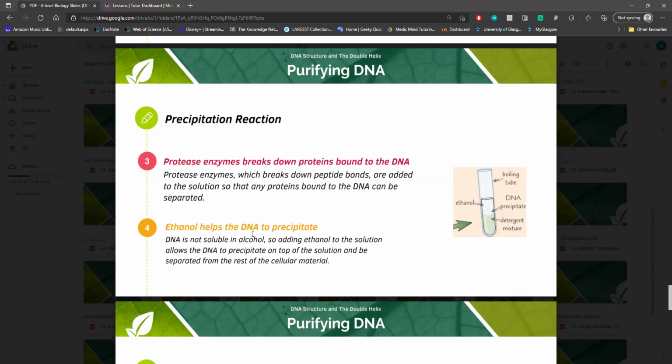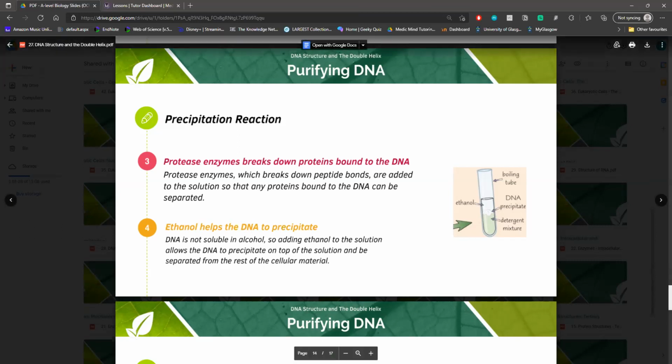Some people won't have done this experiment yet. It depends on where in the spec this comes up. I think most specs are required to know this, though. It is quite important.